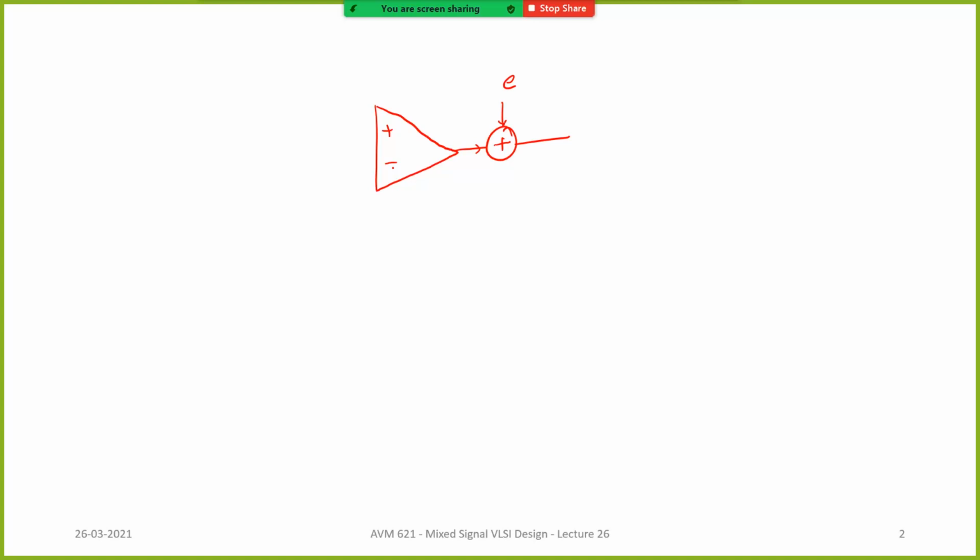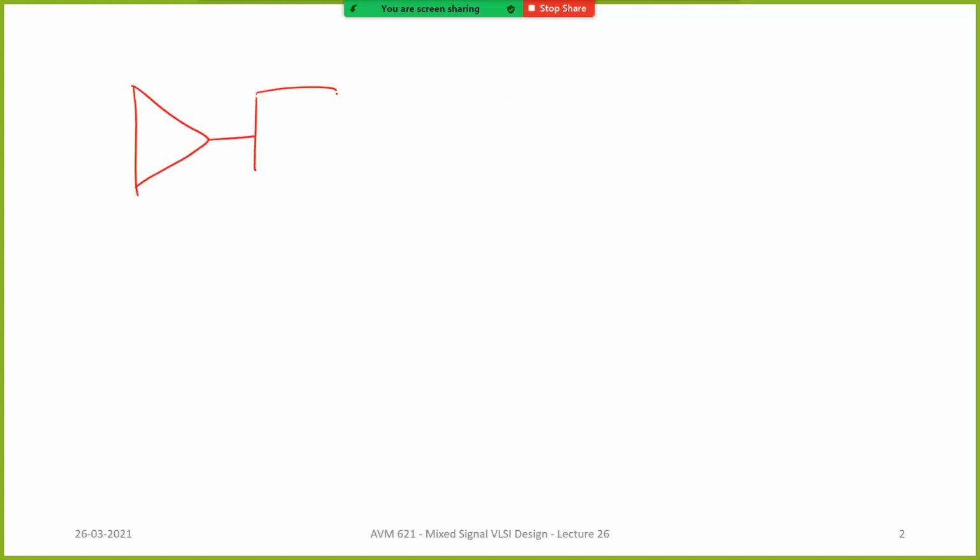And here we are going to say that the quantizer is put inside a loop. Let me say that this is the op amp. You have the quantizer, and let's say this is your input voltage, and you're trying to compare it with this one. It need not be a comparator, it can be a quantizer.